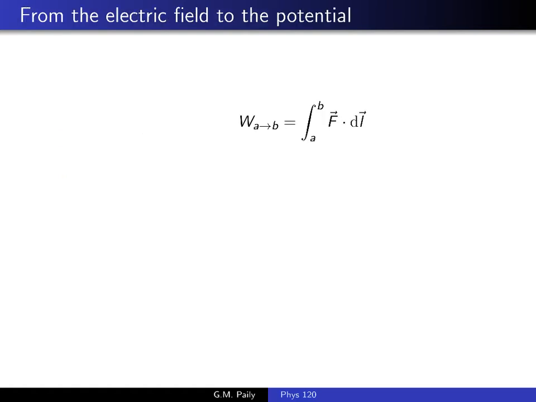We have seen how, given the potential, we can take its negative derivative and get the field. But what if we want to go the other way? We start again with a relationship from our earlier course, which is the relationship between work and force.